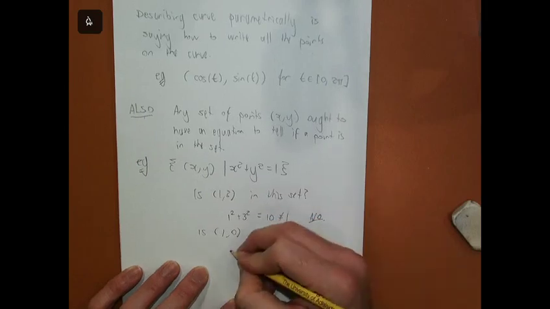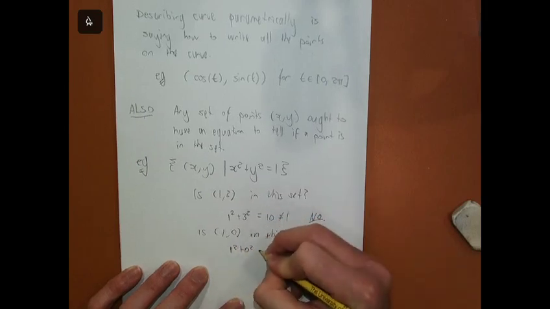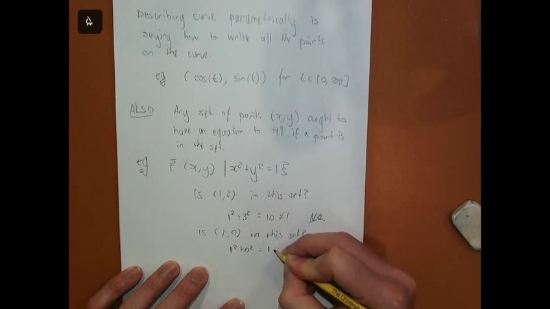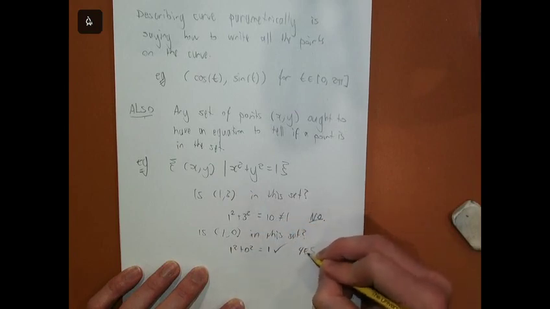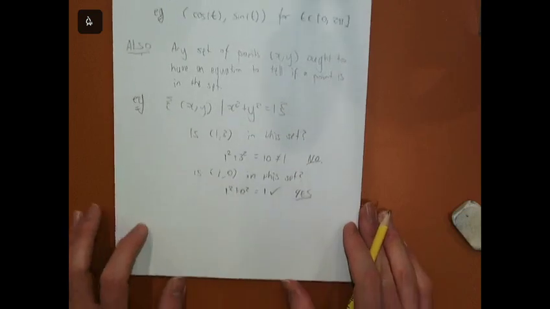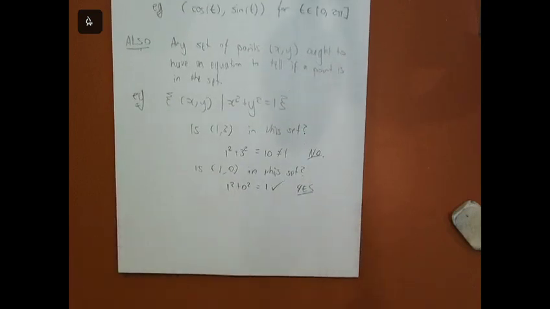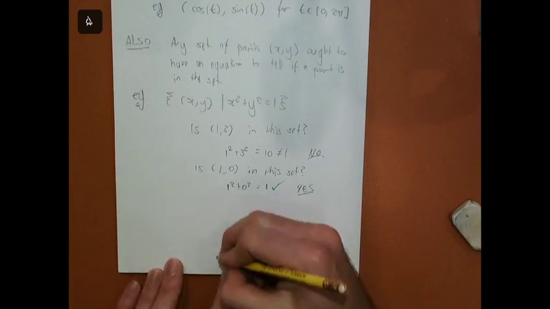In this set, 1 squared plus 0 squared equals 1, which is indeed 1, yes, it is in the set. And you could imagine getting every possible point and subbing it into that equation and eventually figuring out what the curve looks like.